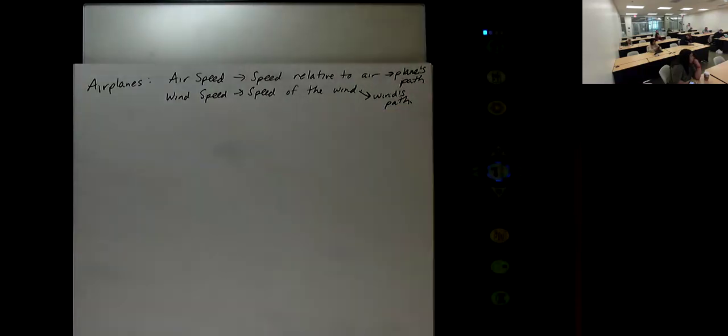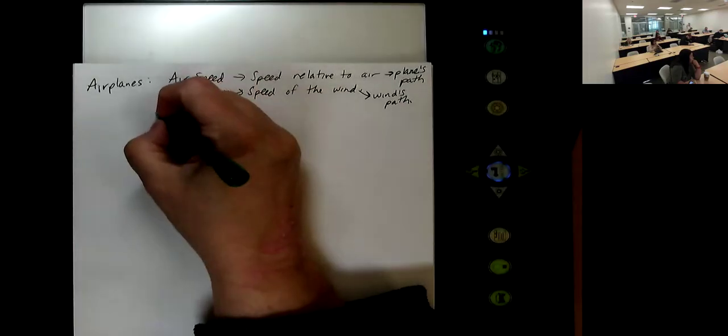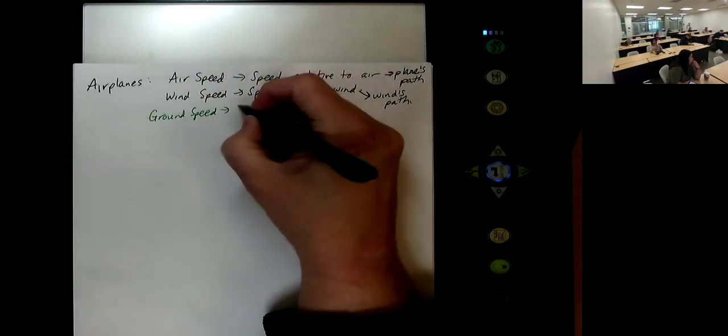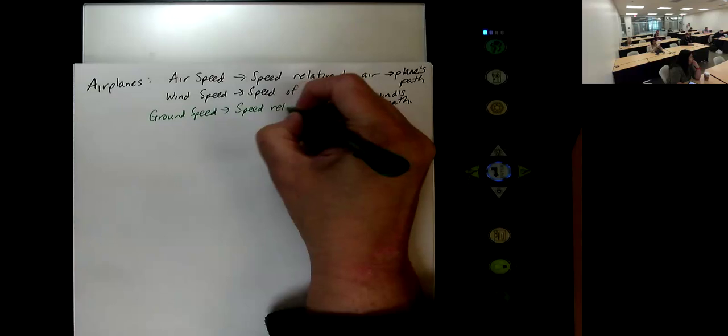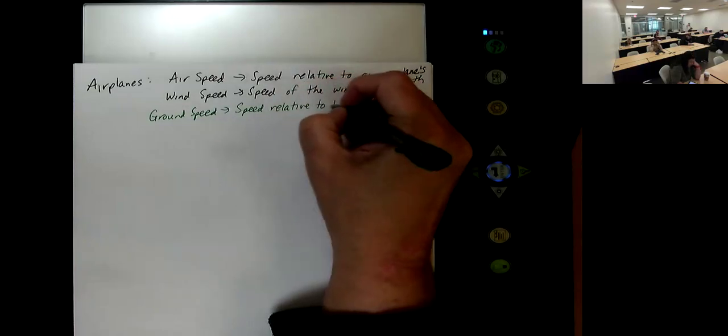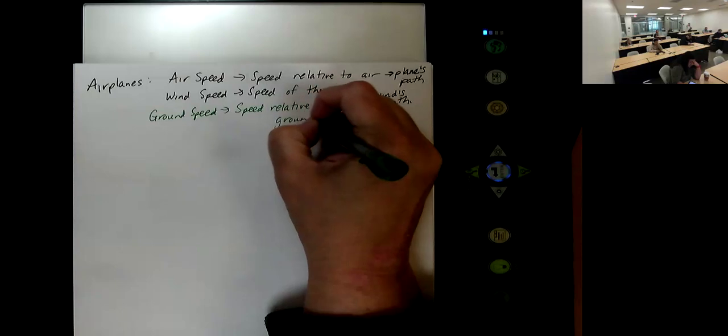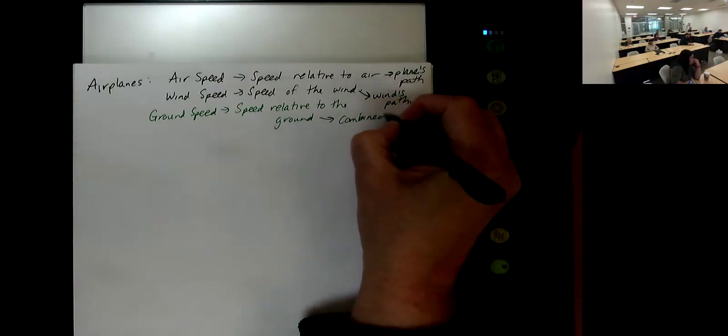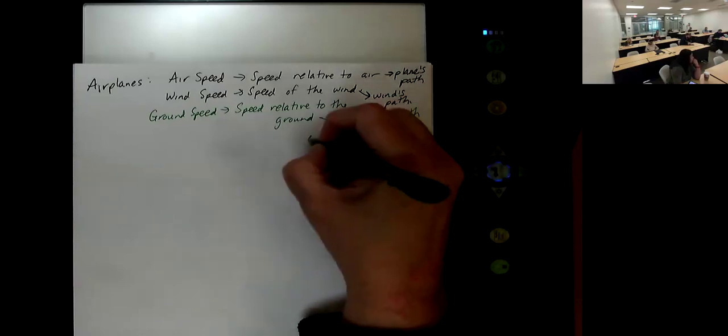So this is how the plane is moving, the plane's path. This is the wind's path, or vector. And ground speed is speed relative to the earth, or to the ground. And this is the combined path of the plane under the influence of wind.